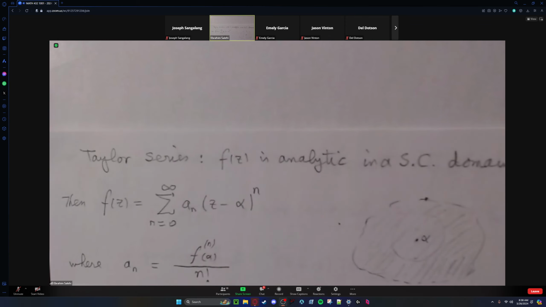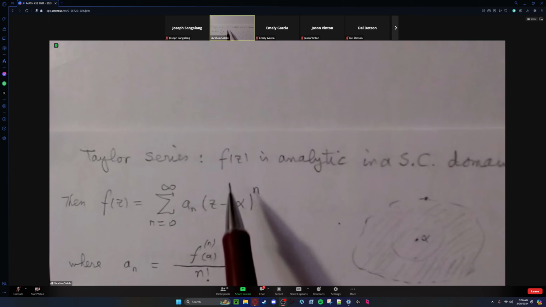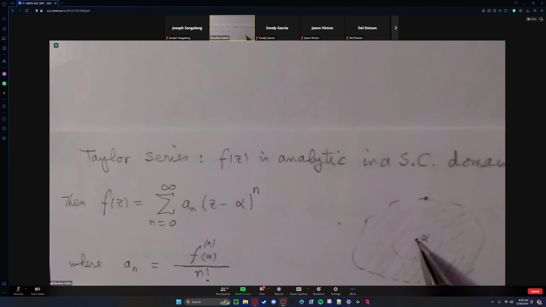All right. So everything started with Taylor series. Now, what is the difference between Taylor series and Laurent series? Well, when you do Taylor series, the function is a beautiful function. It's analytic at that point that you want to write its Taylor series.